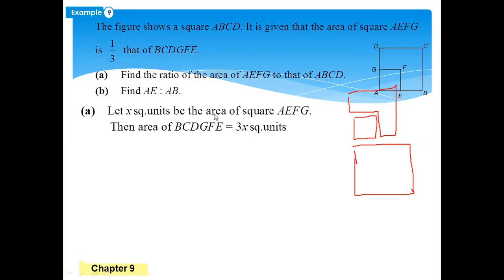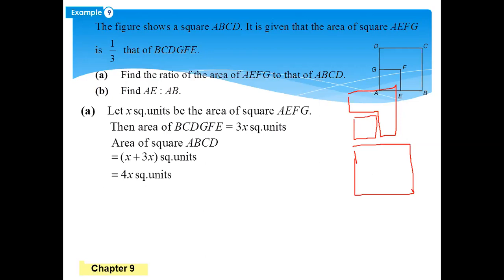Therefore, we let the area of the small square be x. Then the L shape is 3x. Hence, the big square is 4x. Okay, understand here.